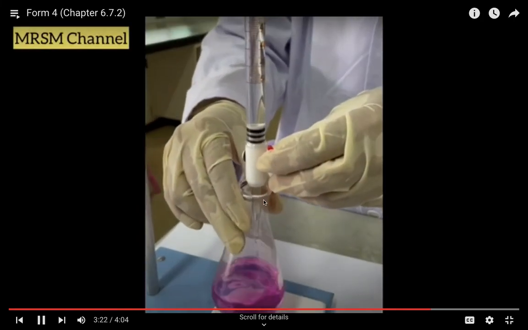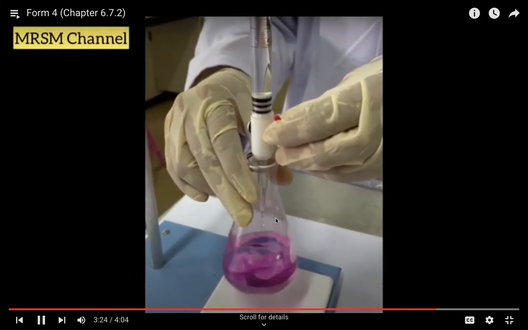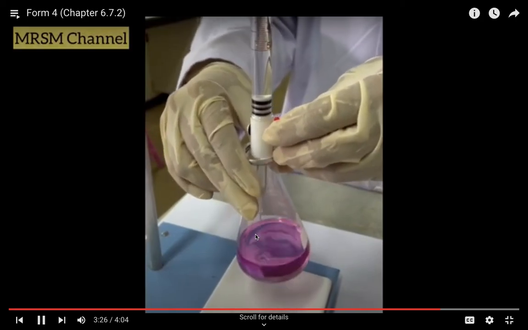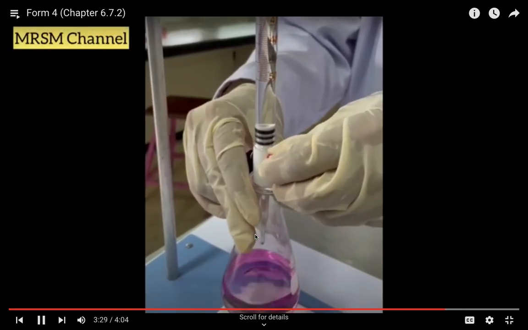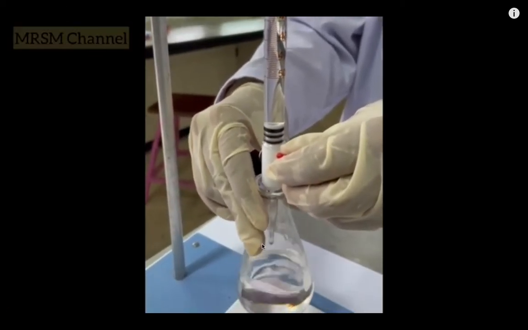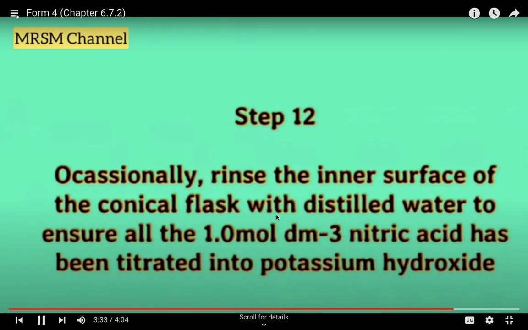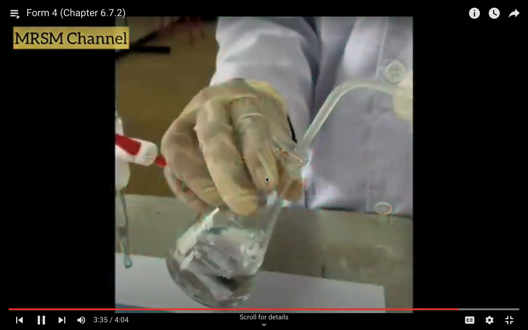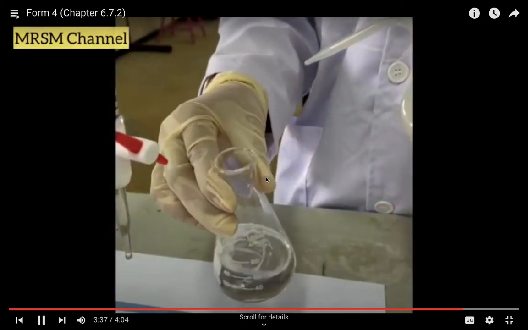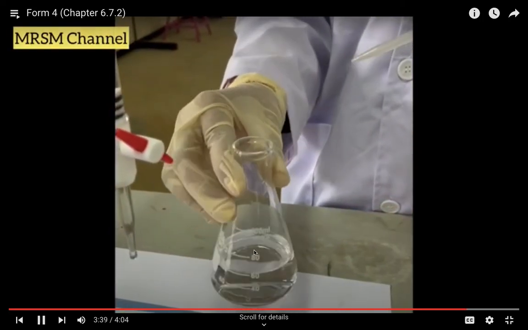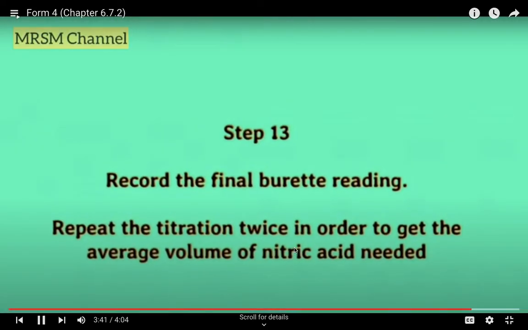Ini dia buat laju je dulu, sampai dah nak dekat dengan volume yang dia dapat tadi, baru dia buat perlahan-perlahan. Okay, nampak? Occasionally rinse, tambah je distilled water kat tepi supaya semua nitric acid masuk dalam tu.